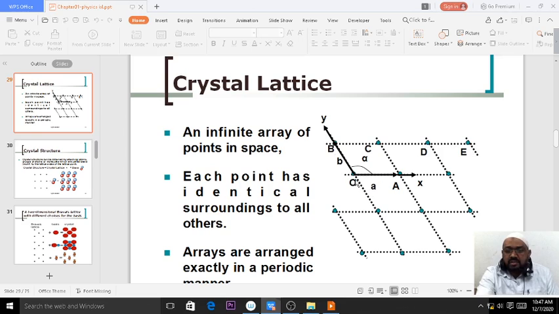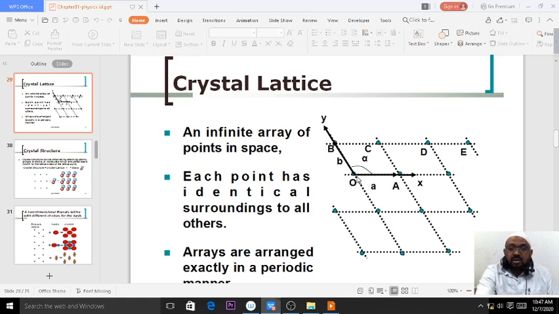We take the length of OA as small a and the length of OB as small b, and whenever we draw two lines, we will have an angle. Let us consider that angle to be represented by alpha.